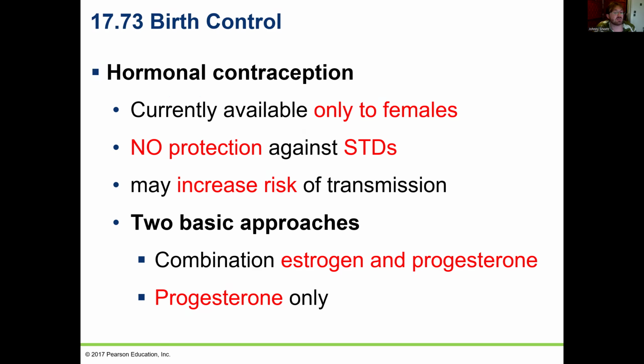It might actually make you a bit immunosuppressed and increase your rate of transmission. There are two basic approaches for the hormonal treatments. One is to give a combination of estrogen and progesterone, and the other is to give you only progesterone. Those are going to be working differently in different individuals. It is very important, when selecting a birth control, to work pretty closely with your doctor to monitor it.